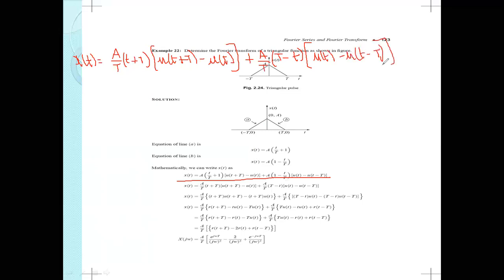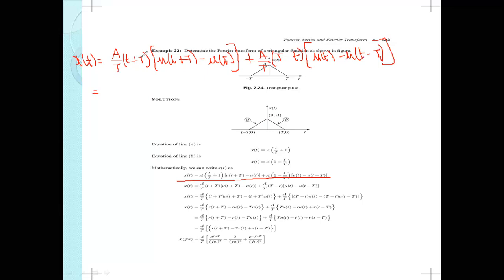This is the equation we have after finding the slope of A and the slope of B, the unit step function multiplied with each slope, and finally to get the triangular function from minus T to T.